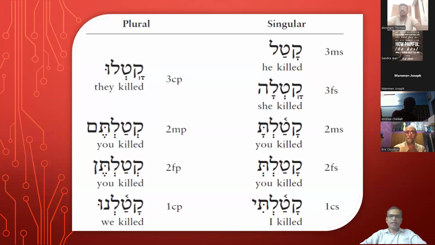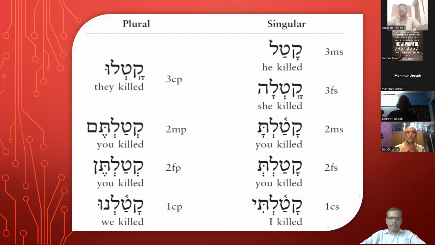Ka te la. Because of methek, we can understand that this is not a silent shiva. If there is no methek, this will be considered kamats katu, because the kamats in an unaccented closed syllable is a kamats katu. So it is not kamats katu, but a kamats because of the presence of methek.